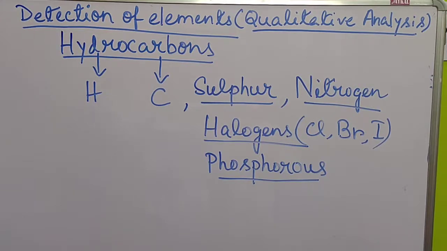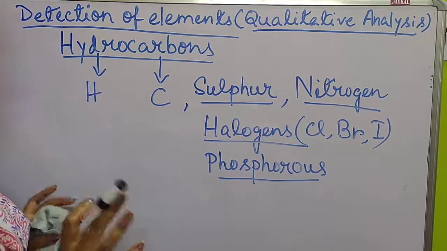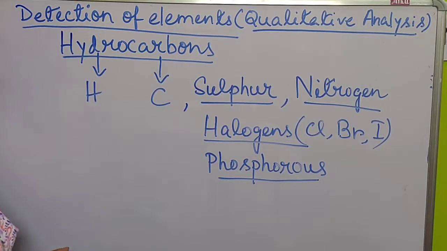So it is important to detect whether they are present or not, and for this purpose different types of tests are there through which we can determine their presence in an organic compound. First we will detect the presence of carbon and hydrogen. These two must be present, because of this the name hydrocarbon comes.